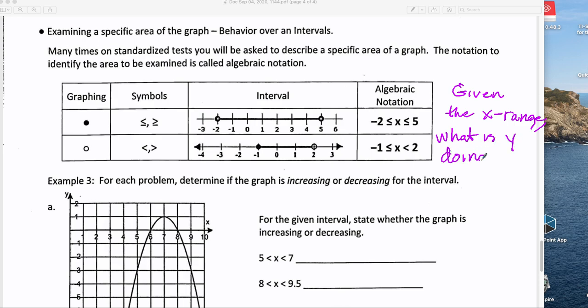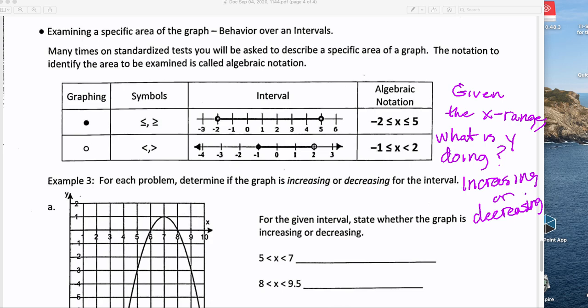And it could be doing nothing, but typically we're talking about increasing or decreasing. I'm going to read it to you because I know it's hard to read this. So we have a range of x's between -2 and 5. Given that range, we're going to look and see what the y's are doing, and say, is it increasing or is it decreasing for that piece of that graph? This says just look at this piece of the graph. So we've got some examples here.